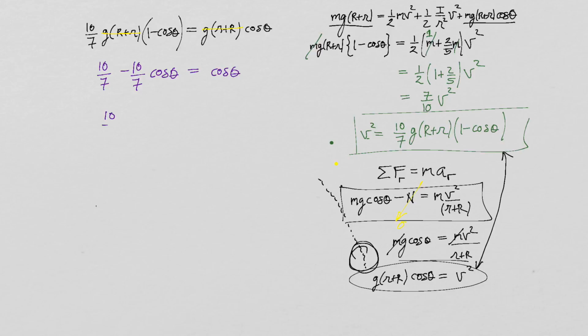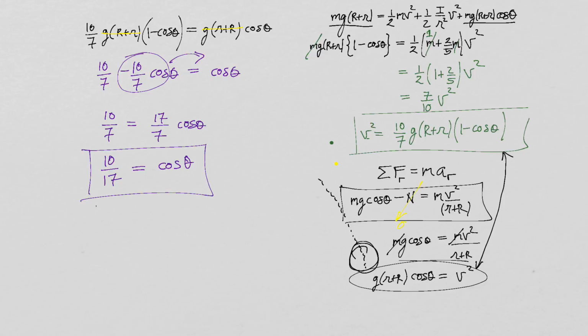This is simple to solve. 10/7 must equal, bringing this term to the other side, 10/7 plus 1, which is 17/7, times cos theta. Now I can solve for cosine theta. I multiply both sides by 7 over 17, and I get on the left-hand side 10/17 when all is said and done.